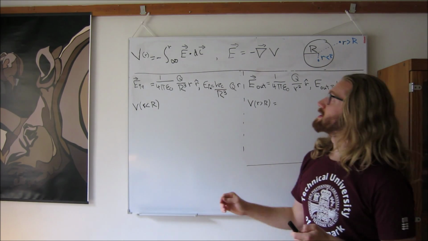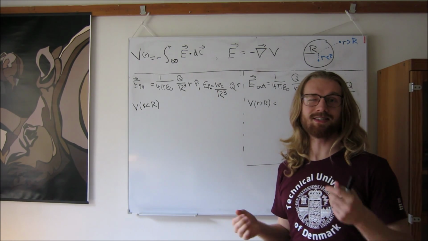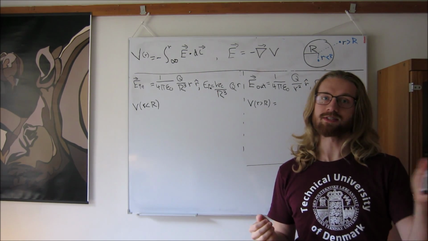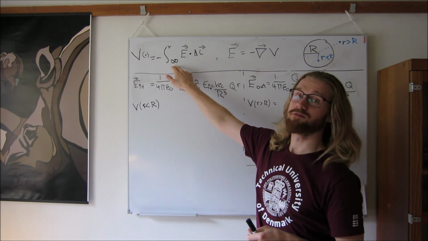When you find your potential, you have to integrate from a reference point, and usually it's easiest to pick either infinity or 0 because they are easy to put into your integral. Here we use infinity and it works.